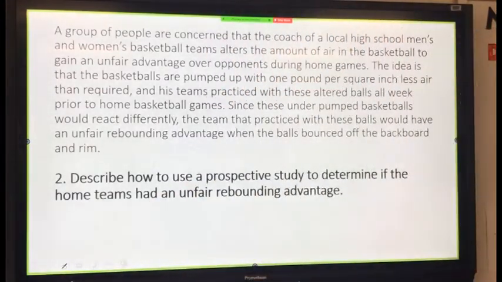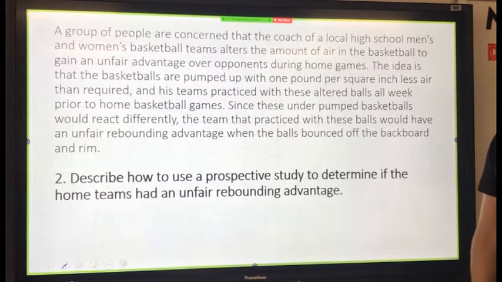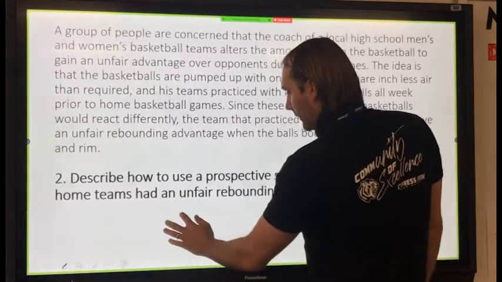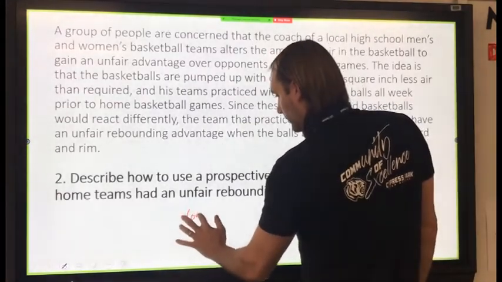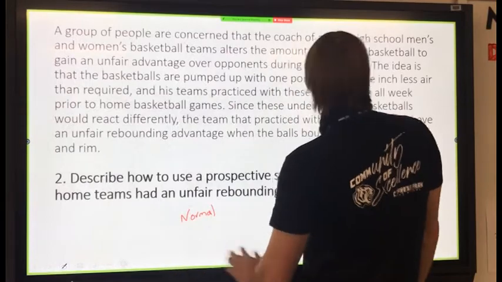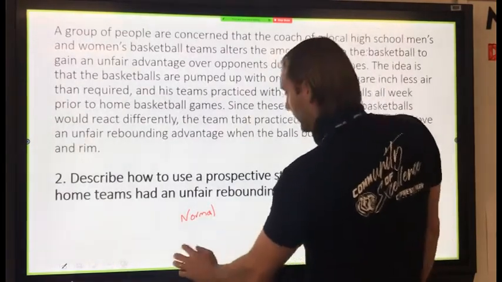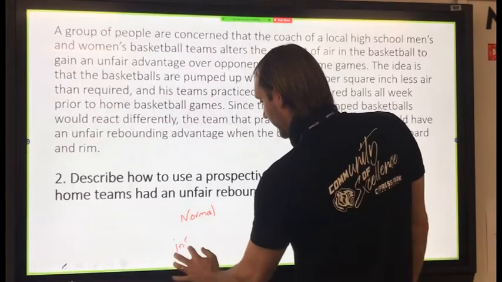Describe how to use a prospective study to determine if the home team had an unfair rebound advantage. So how can we set up a future study on this? Very good. So we're going to have normal balls and, let's see, we'll just say inflated.